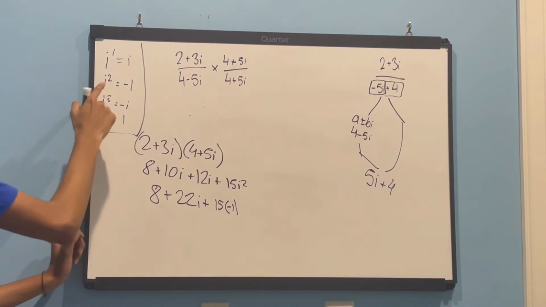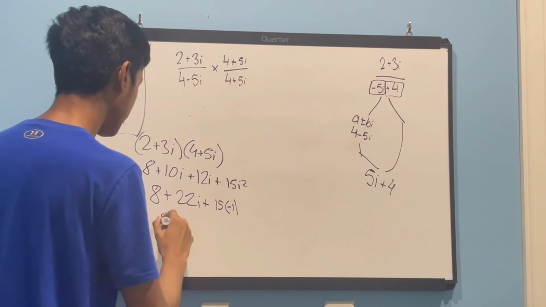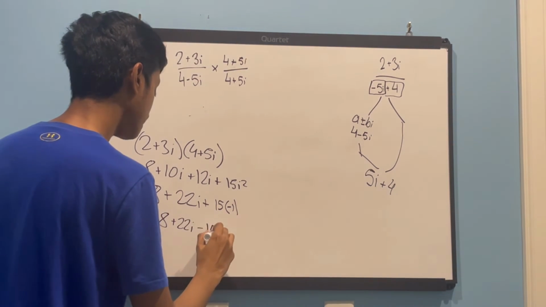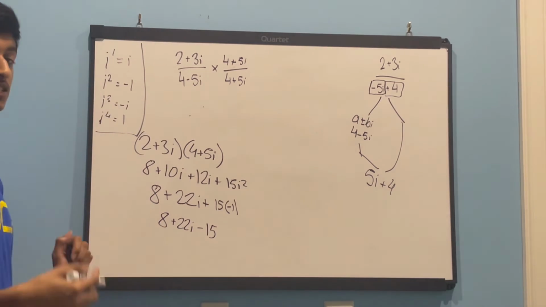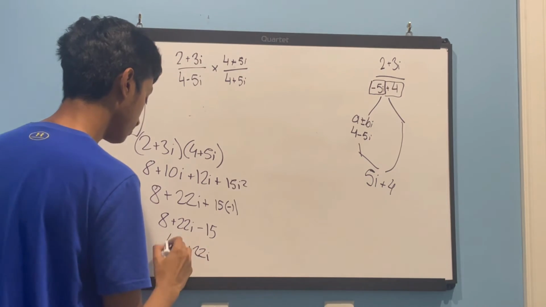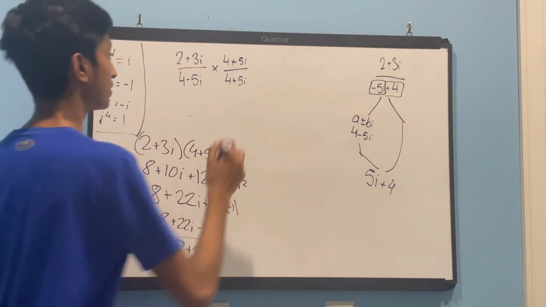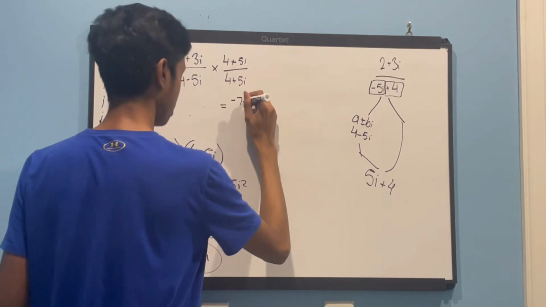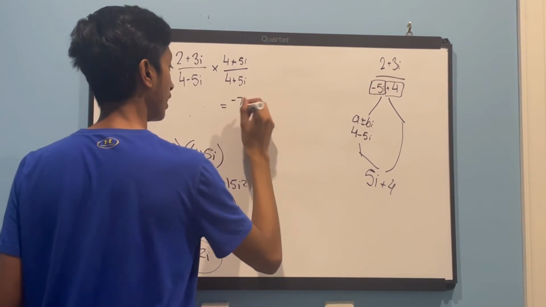Why negative 1? Because i squared is negative 1. Then we get 8 plus 22i minus 15. 8 minus 15 is negative 7. Negative 7 plus 22i. We're not done though, because this is only our numerator.